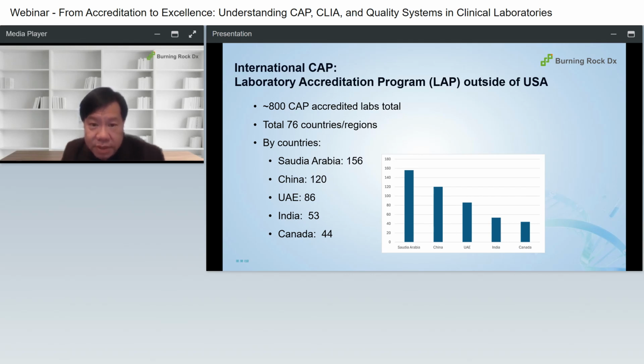By country, Saudi Arabia seems to have the highest number of labs, at 156. China has 120 labs that are CAP accredited. UAE 86, India 53, and Canada 44.